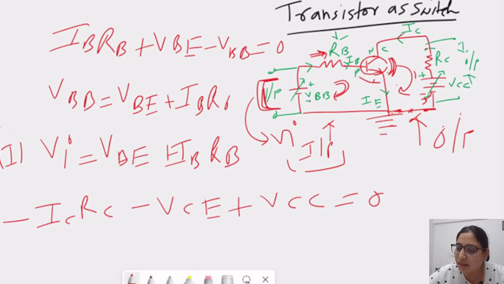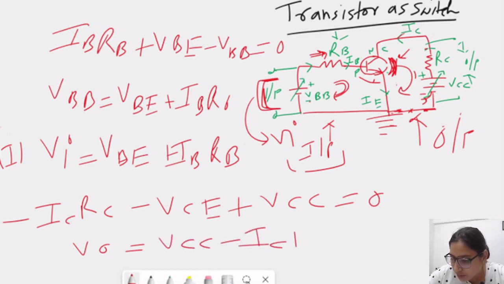Here VCE we can consider as output voltage, because this is also at the output. So we replace this VCE by V out. So V out is nothing but VCC minus ICRC. So this is our equation number 2.